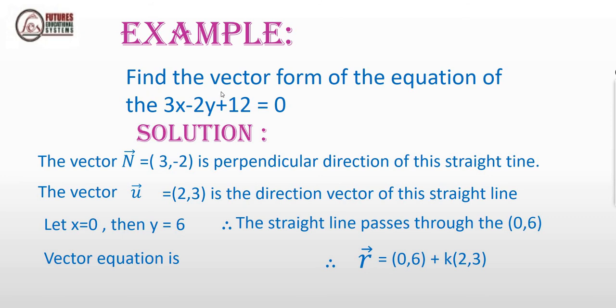In this example, find the vector form of the equation 3x minus 2y plus 12 equals 0. To get the vector equation, the slope m equals negative coefficient of x over coefficient of y, which equals 3 over 2.